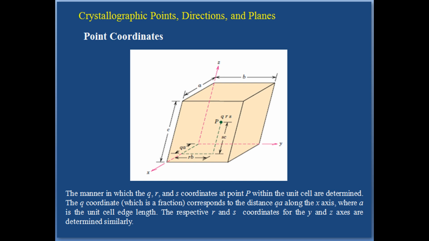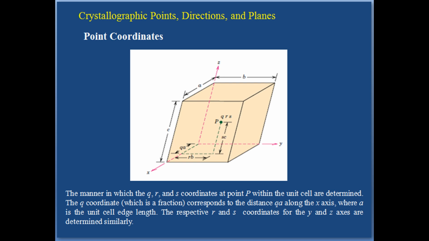For some crystal systems, namely hexagonal, rhombohedral, monoclinic, and triclinic, the three axes are not mutually perpendicular, as in the familiar Cartesian coordinate scheme.